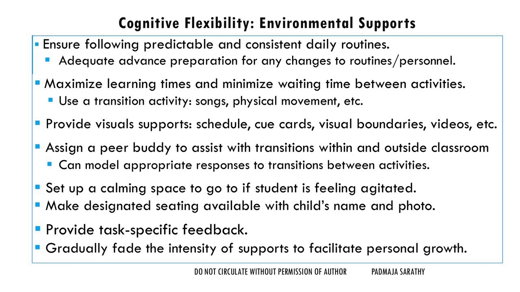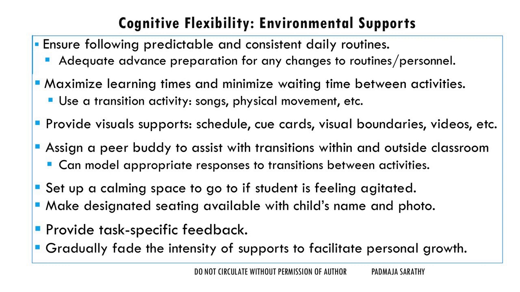How do we make sure that we have a calming space in the classroom so that the student can go there when the student is feeling agitated, and making sure there is designated seating available with the child's name and photo within the classroom? That helps the child to identify his or her location.